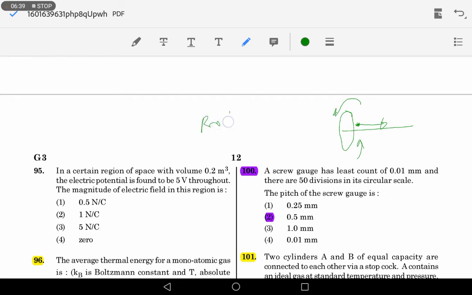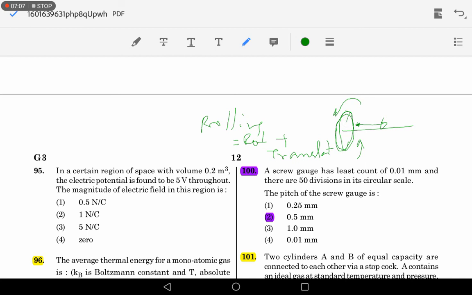Rolling motion is equal to rotational motion plus translational motion. So the body rotates and also moves in a forward direction, which we call rolling motion. So as the circular scale rotates, it also moves forward.